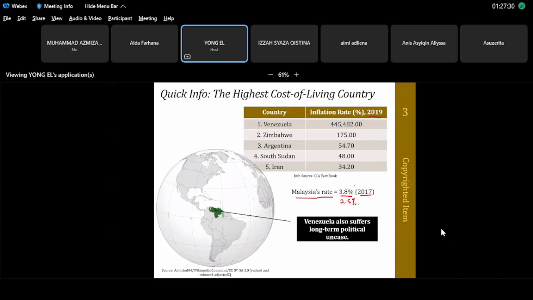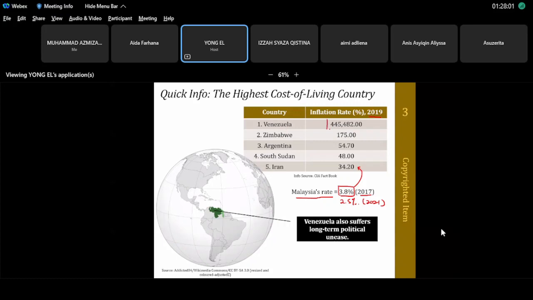Now, if you compare this rate in Malaysia with those in countries like Iran, South Sudan, Argentina, Zimbabwe and Venezuela, you can see that actually the inflation rate in Malaysia is not bad. Even 3.8% is not bad in comparison with other countries like Venezuela.